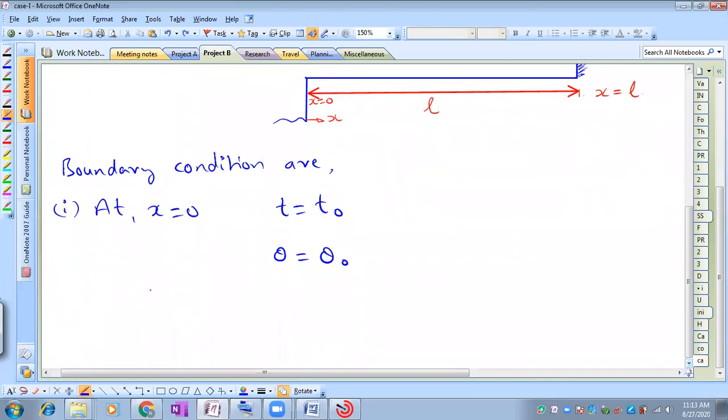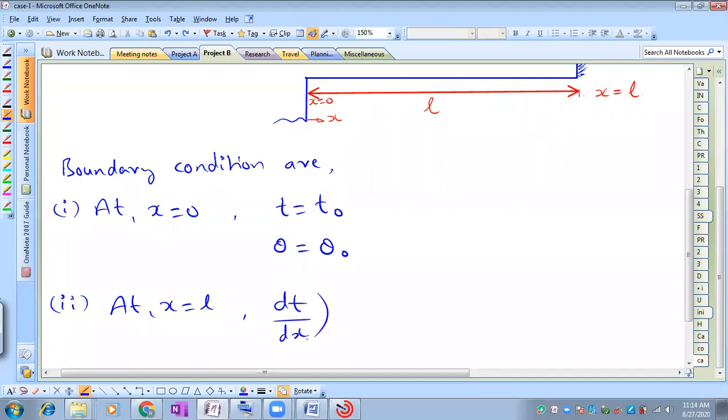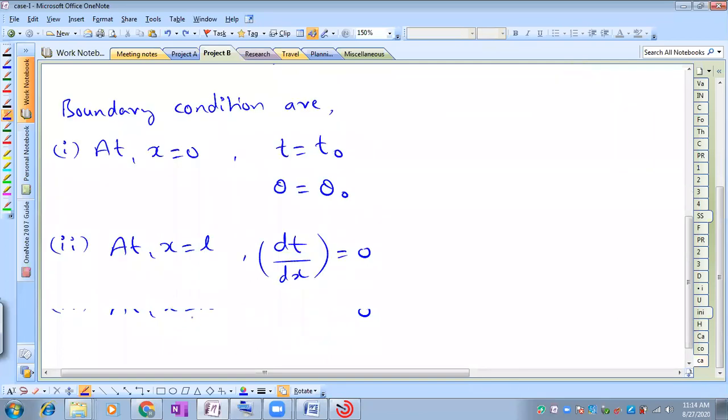Based on my second boundary condition, at x equal to L, my temperature gradient dT by dx will be equal to 0. So these are the two boundary conditions.